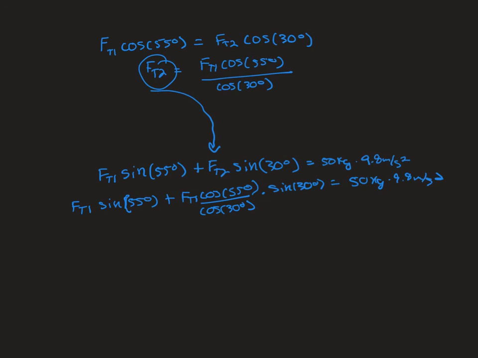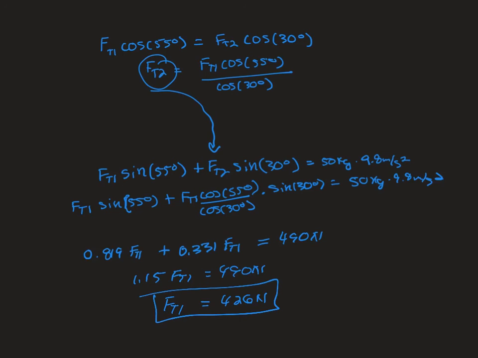Alright, so we end up with 0.819 force of tension 1 plus 0.331 force of tension 1 equals 490 newtons. Since these are the same variables, we can add our leading numbers together, and we end up with 1.15 force of tension 1 equals 490 newtons, or force of tension 1 is equal to 426 newtons.